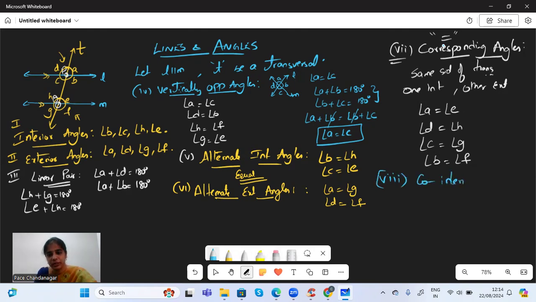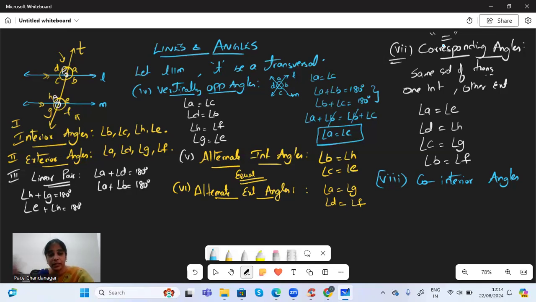So co-interior angles. If we observe all the angle names starting with co, what do you mean by the word co? Colleague, co-friend, co-sister, co-brother, all these mean belonging to the same family kind, isn't it? So they belong to the same friends, or you can consider it that way. So they are equally friendly, right? So the co word means the angles are lying on the same side.